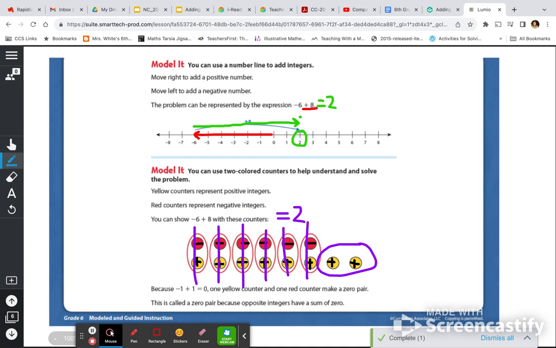Okay, so again, these cancel. They're also called zero pairs. You've got the additive inverse here. Okay, -1 plus 1 is 0. That's an additive pair. It's a zero pair. Okay, we've added the inverse, so that is a zero pair. Okay, all right, let's keep going.